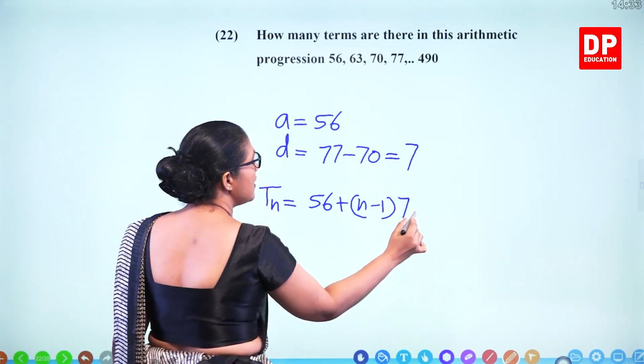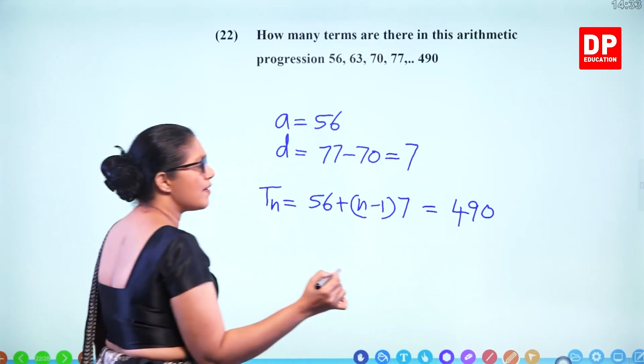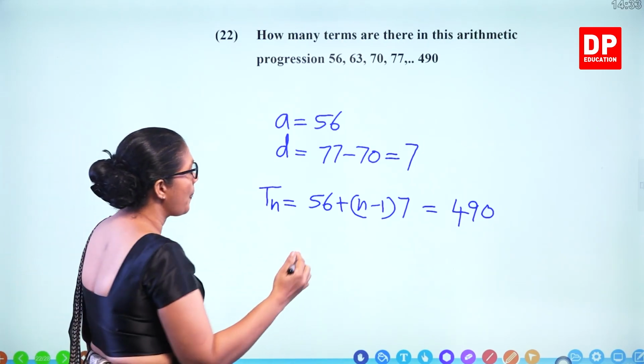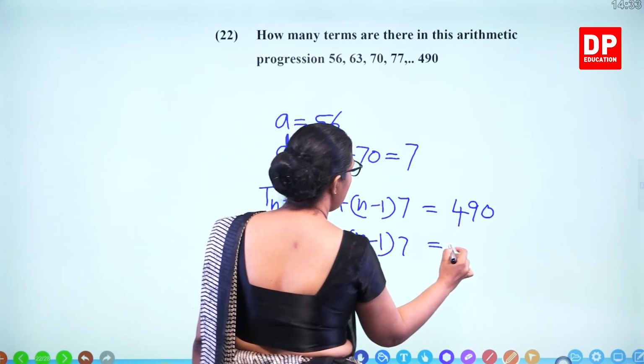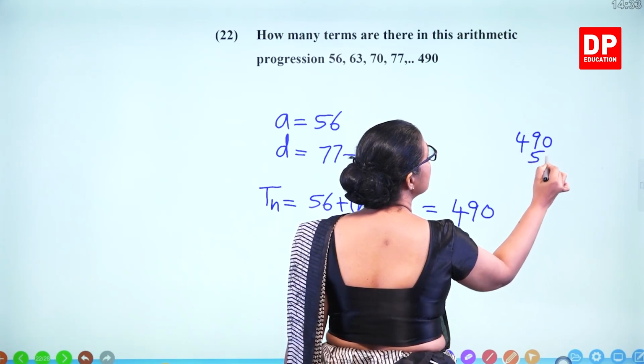D is 7. That's equal to 490. Last term is given. From that last term, you can find out the number of terms. 56 subtract, you get n minus 1 into 7 is 490 minus 56.